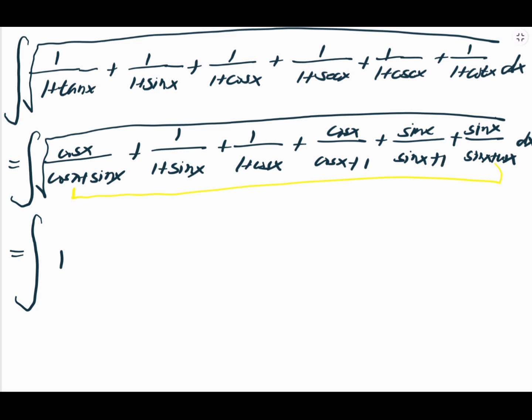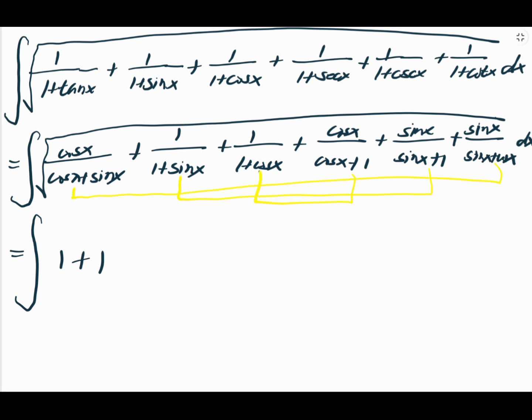Then we can add this and this, right? Actually, they are equal to 1 also, because we have 1 over 1 plus sine of x plus sine of x over sine of x plus 1. So they are also equal to 1. We have 1 plus 1, and another, this is also equal to 1.